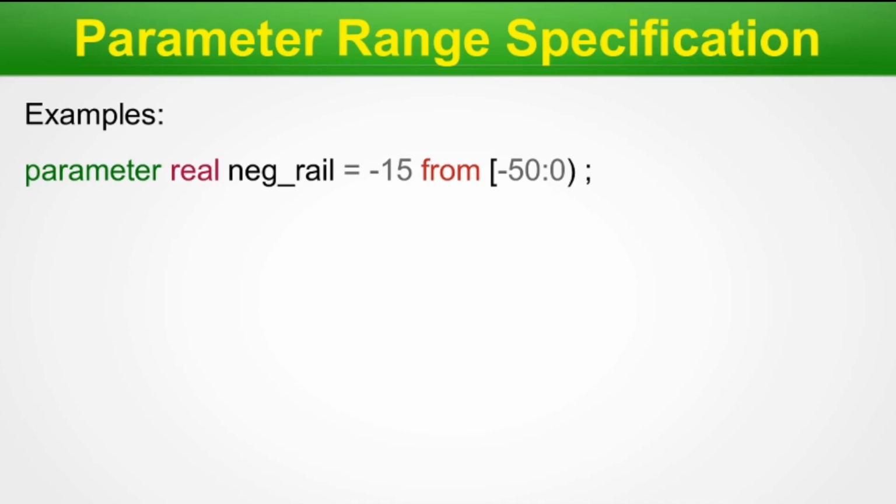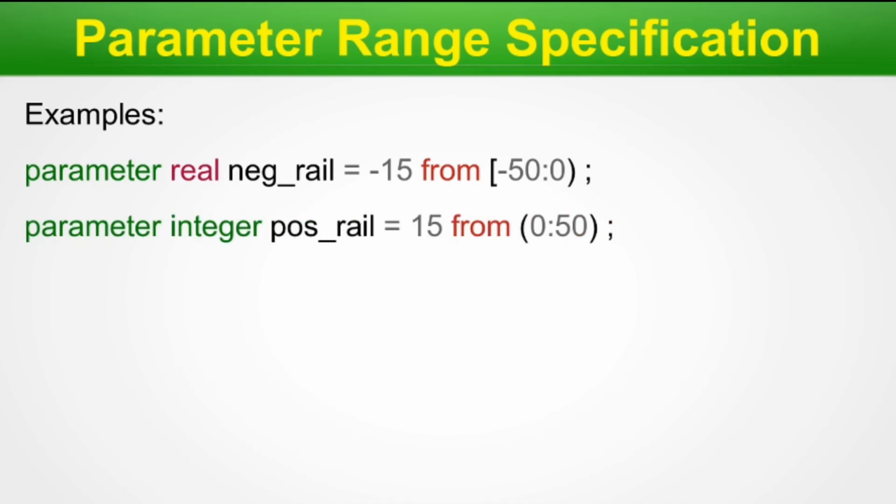It means that this particular parameter can have -50 up to 0, but 0 will not be a value for it. So let's see more examples. In this example, the variable is an integer type parameter. The 15 is a particular value and its range is defined from 0 to 50, and neither 0 nor 50 is included as its value in the range.